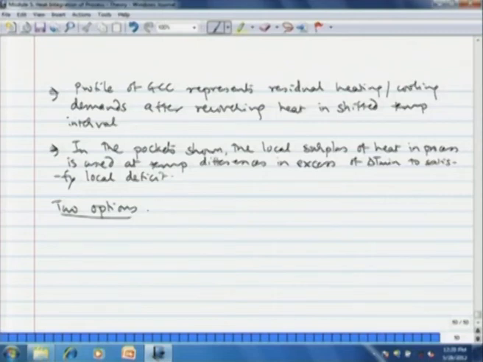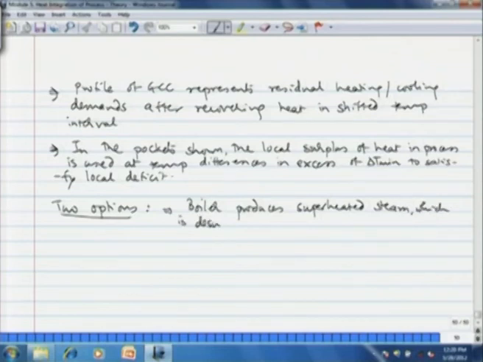What we do is that the boiler produces superheated steam which is desuperheated by injection of boiler fed water.